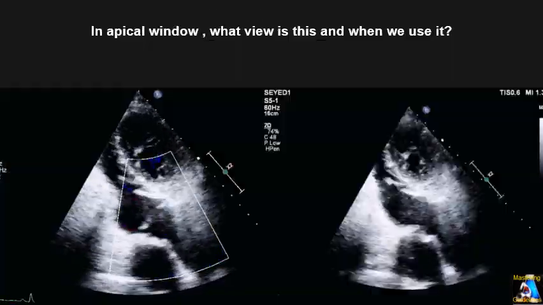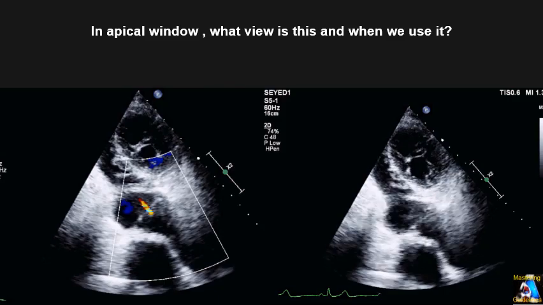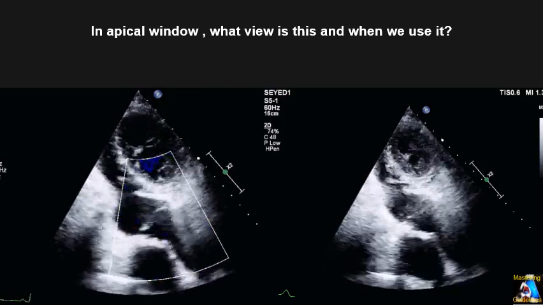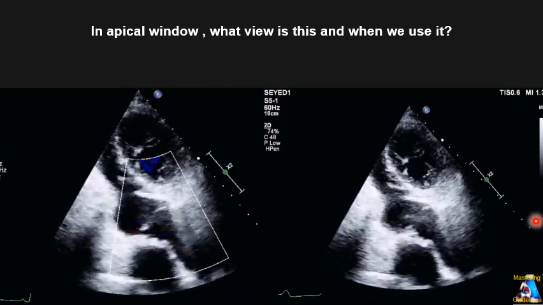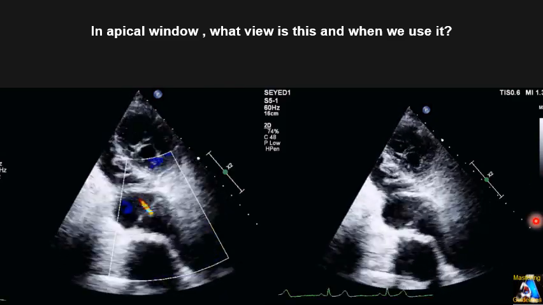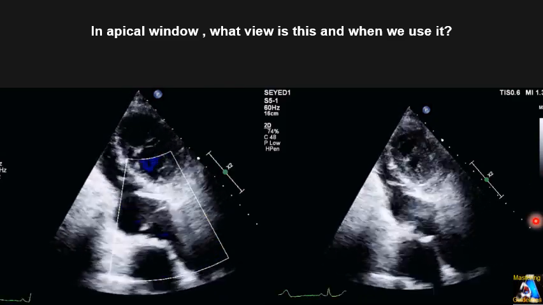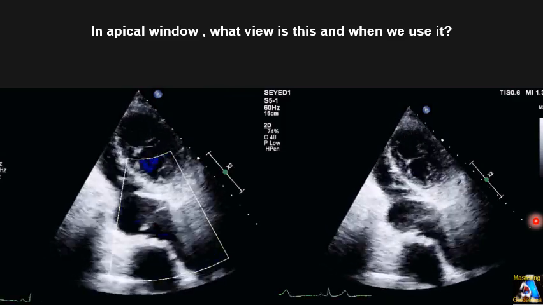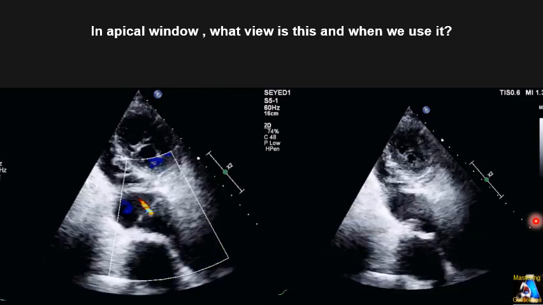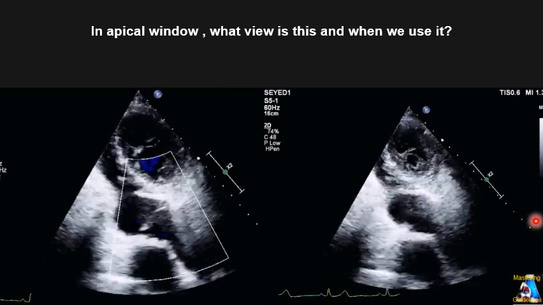Next one. Here is a classic view. Usually I haven't seen anybody use it, but practically I use this view a lot, especially on those patients that don't have good parasternal windows. It helped a lot.